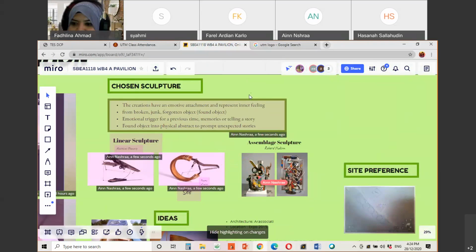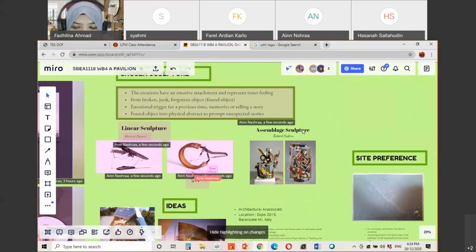And the next sculpture, I chose the assembly sculpture by Robert Hudson. Both of these sculptures are creations that have emotive attachment and represent the inner feeling of the sculptor, and they use broken, junk, and forgotten objects.